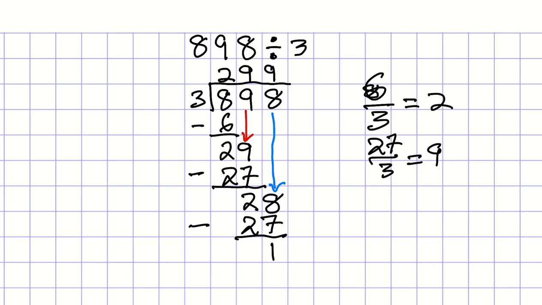What do you get? 1. So that's it. We're done. Do you remember? Because there's nothing else. If you look over here, there's nothing else to bring down. We're done. Okay? So then we'll say that 898 divided by 3 is equals to 299.